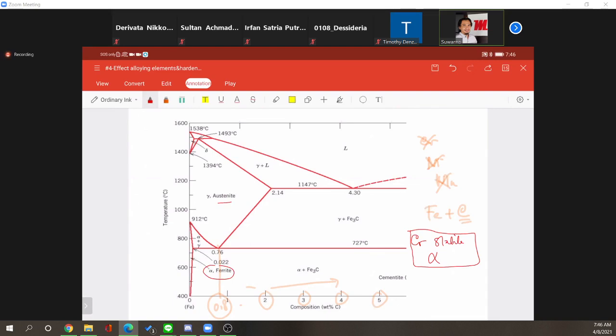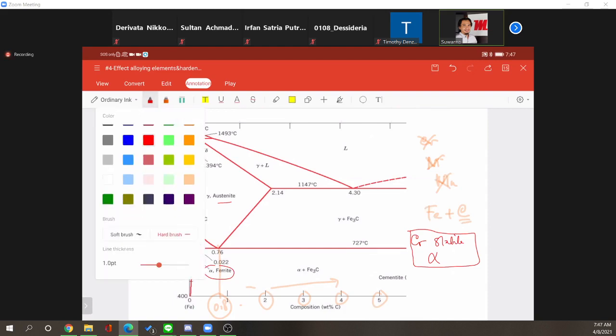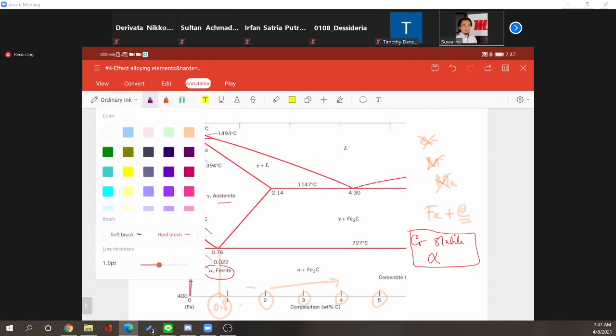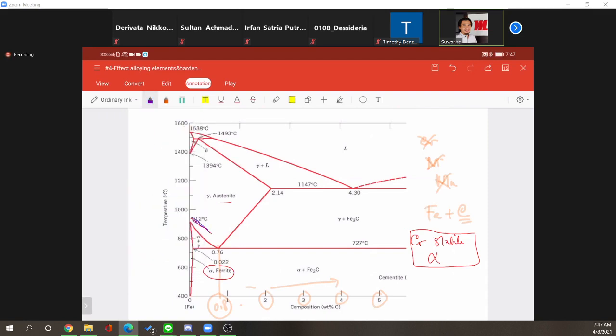This is a condition of zero chromium now. If we add chromium, then there will be a shifting of this line, something like that. So what does it mean?